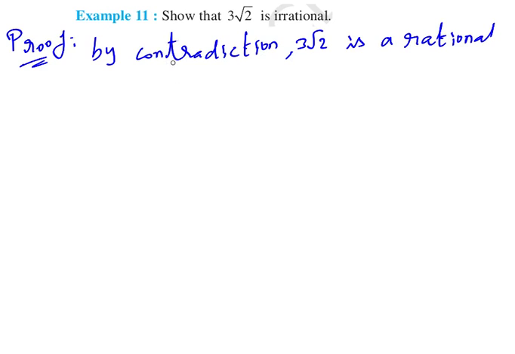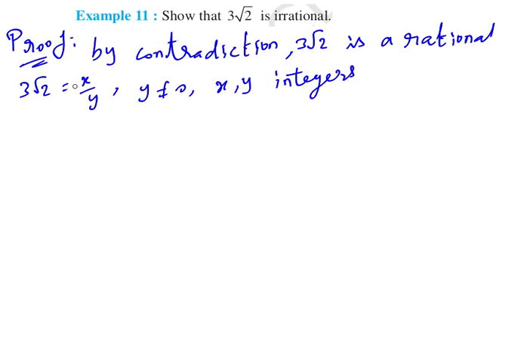So if 3 root 2 is a rational number, it can be written in the form of x by y, and y not equal to 0, x and y are integers, according to the definition of rational number. So we have assumed that 3 root 2 is a rational number.